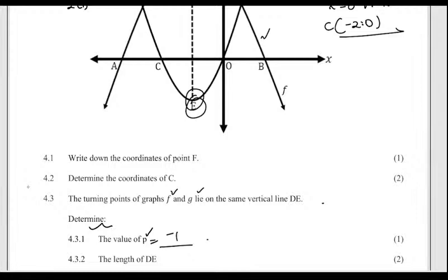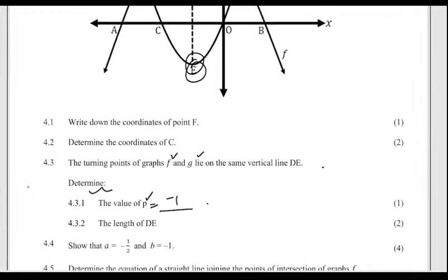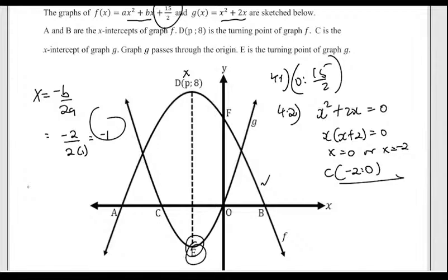That's what they wanted. And then they want the length DE. So if this is negative 1, for us to get the length, we need the y coordinate here. So I'll say g of negative 1 is going to be negative 1 squared plus 2 into negative 1 minus 2, which becomes negative 1.